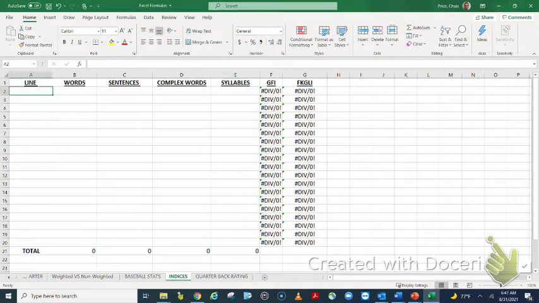Okay, so I started off by creating what I'm going to be entering right up here. The parts of this formula are the words, the sentences, the complex words, and the syllables. I'm going to be entering in stuff here. I also just put line here. If you want to keep track of the lines that you're looking at, you can do that. This is not necessary, but that's just what I put up here.